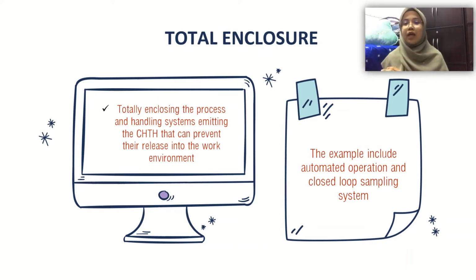So the examples of total enclosure include automated operation and closed loop sampling systems. Those are examples of total enclosure that can be applied at the workplace.